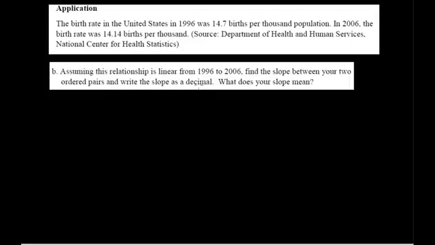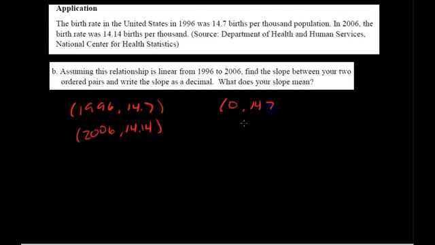Assuming that this relationship is linear from 1996 to 2006, let's see if we can find the slope. We're going to look at both situations: 1996 and 14.7, and 2006 and 14.14, and then 0 and 14.7, and 10 and 14.14.